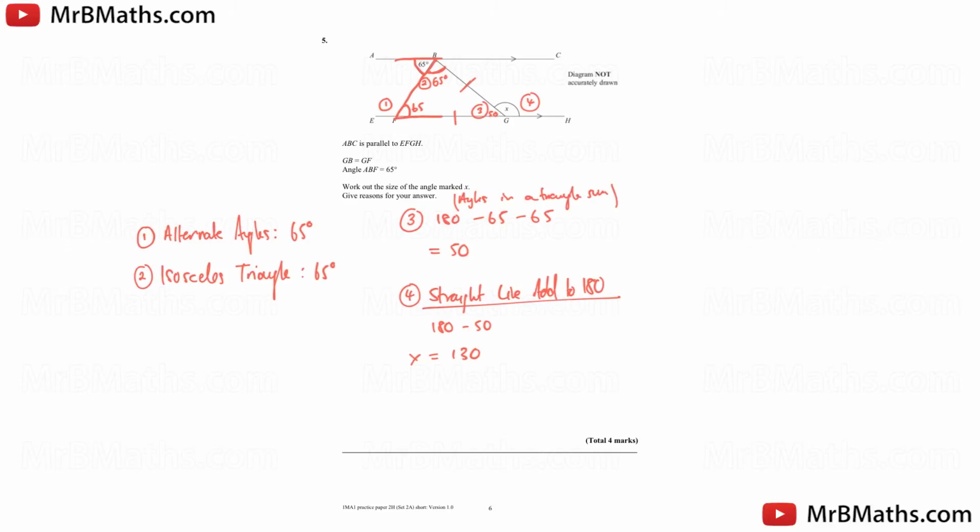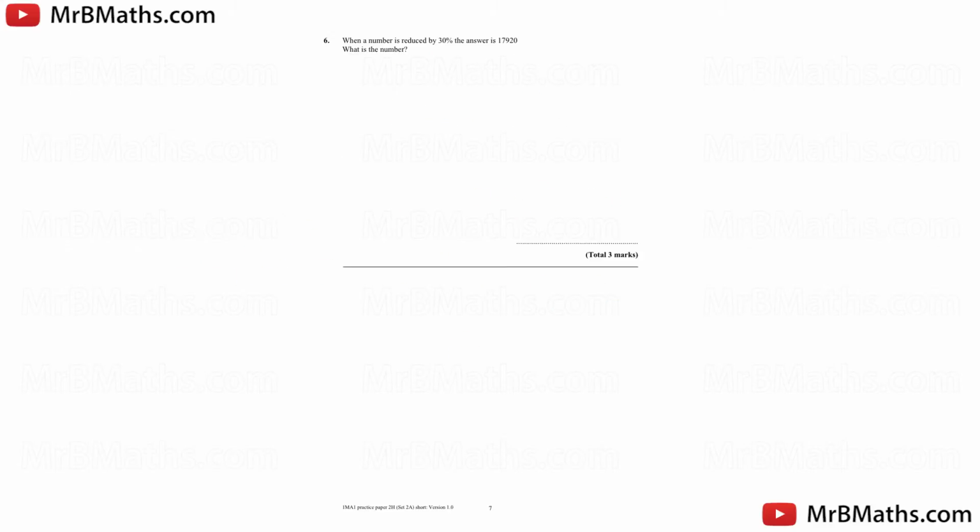Question 6. When a number is reduced by 30%, the answer is 17,920. What is the number? So to reduce a number, you've got to think we've got an original number, so the original is 100% worth.